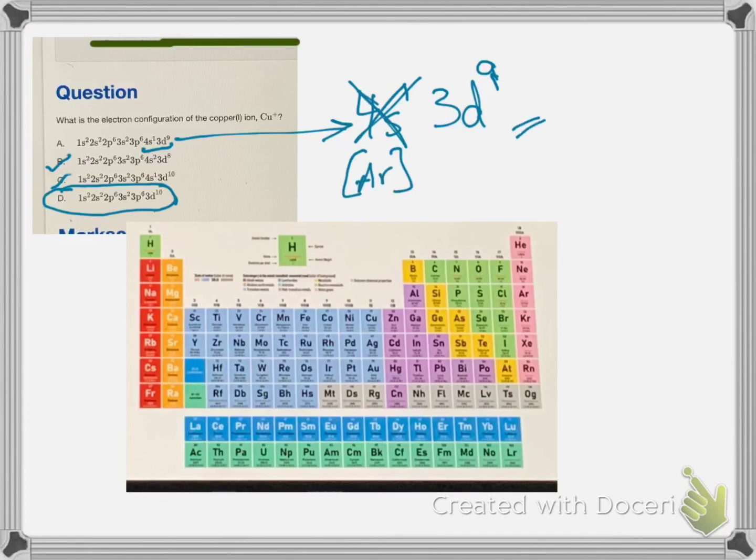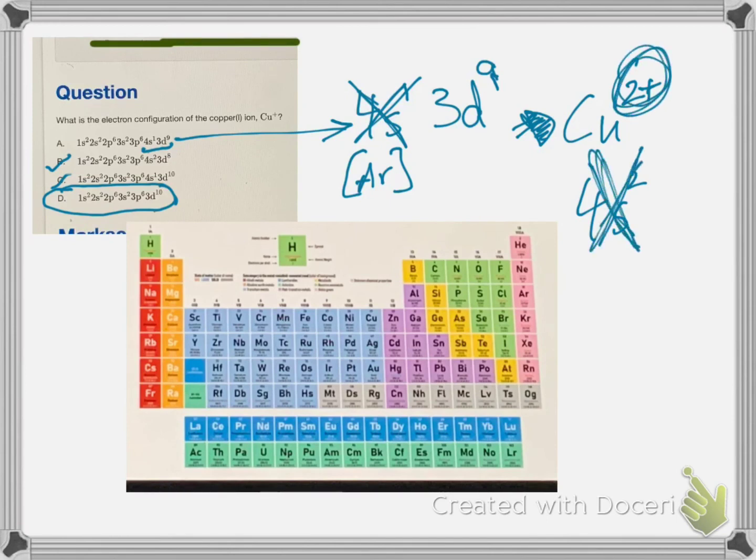It would have been the electron configuration of copper 2+, because we originally had the s orbital full, but because we removed 2 electrons, we should have removed this, and by removing an electron we should see that the d orbital would have 9.